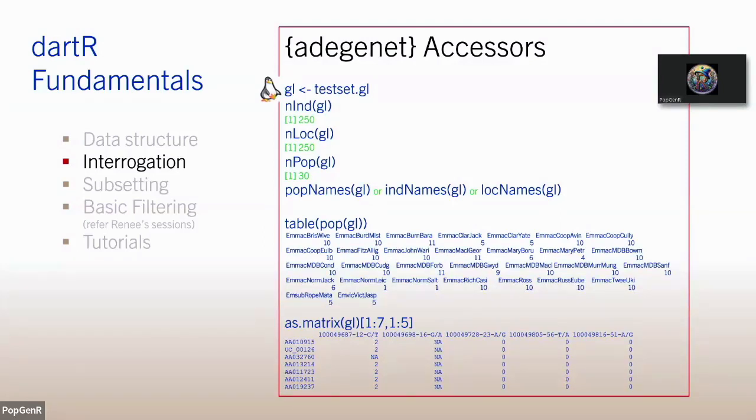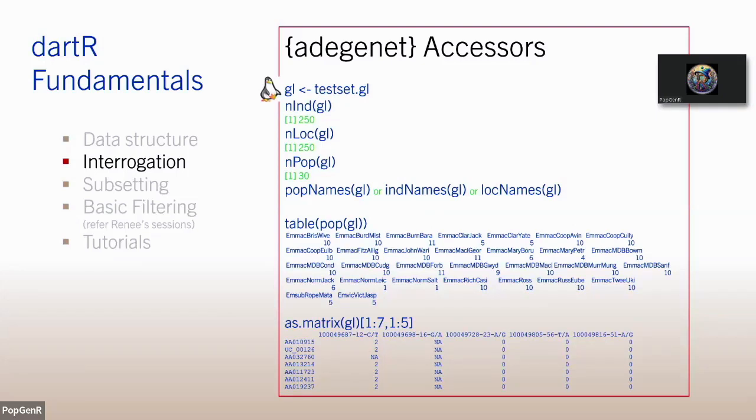You do that by converting it to a matrix of values and then outputting that. So you go as.matrix(gl). If you do that, you'll get the whole matrix, which will be massive. Or you go as.matrix(gl) with, say, 1 to 7 individuals and 1 to 5 loci, and it'll just give you those. So you can have a look at it and see what does my data look like?